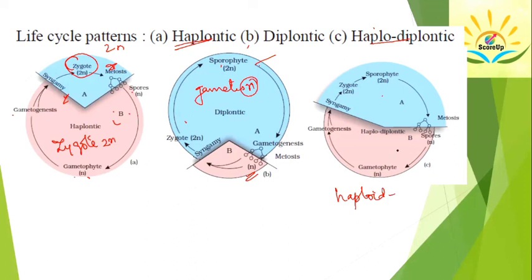If you take, for example, four structures haploid, then diploid has 3. So the majority is 4. So we can call this type of cycle haplodiplontic.